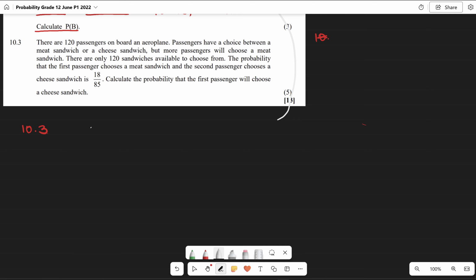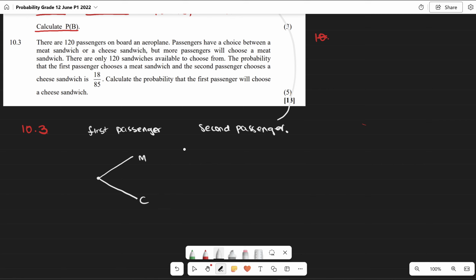We are given the first passenger and the second passenger. The first passenger has two choices: they can either take a meat or a cheese sandwich.